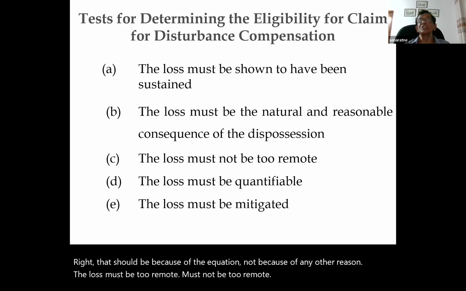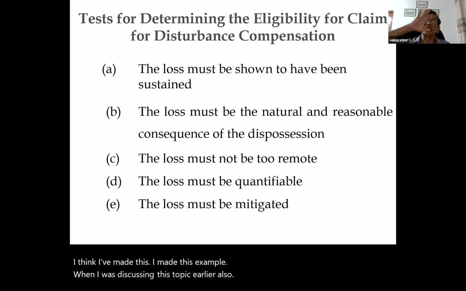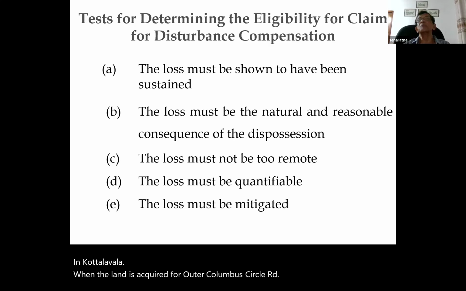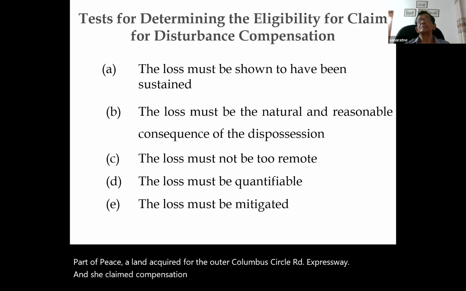I think I made this example when I was discussing this topic earlier also, because it's a good real world example. A lady in Kotalavala, when the land was acquired for the Outer Colombo Circle Road Expressway, claimed compensation for the injurious affection. How did she calculate that?